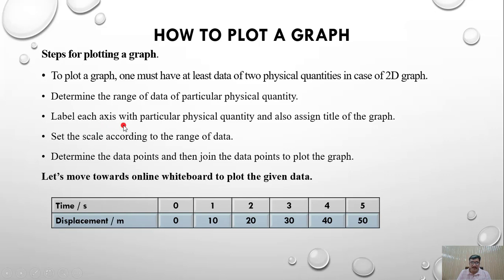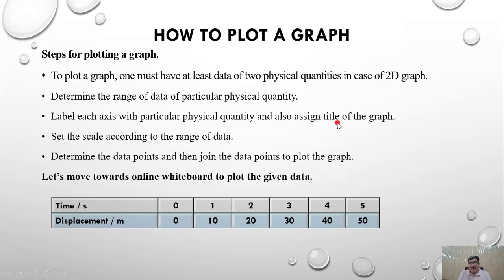If you are taking time on the horizontal axis, then you have to label that, and you have to mention what units you are using, either meters, seconds, kilometers, and so on. According to the quantity, you have to define the units.